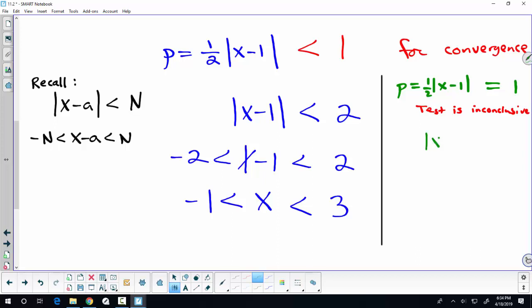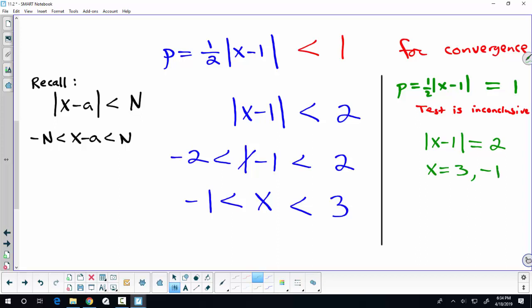So that's the same thing as the absolute value of x minus 1 equals 2, which means that x can be 3 or what? Negative 3 minus 1 is negative 4, absolute value is 4. Oh, negative 1.